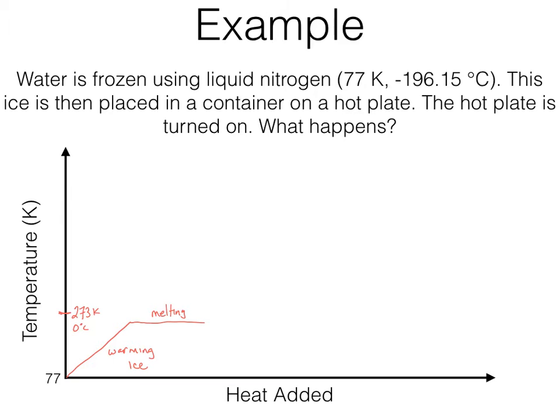In this melting, heat is going to be added, but the temperature is not going to change. Eventually, all of the ice is melted, and then as we start adding heat, it is going to warm.